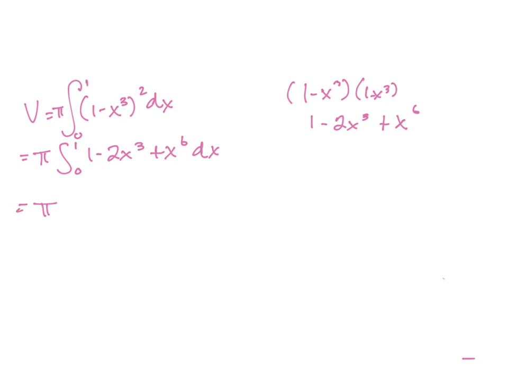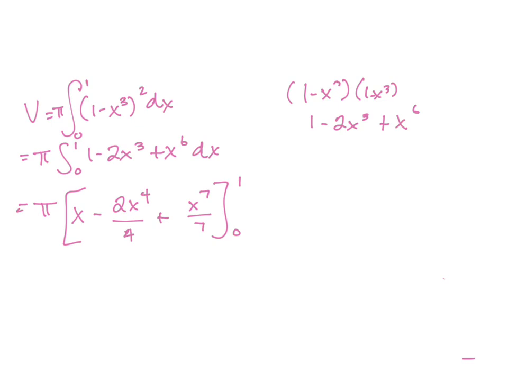Okay, so antiderivative of 1, x minus 2x to the 4th over 4 plus x to the 7th over 7 on 0 to 1. This is nice, though, because the bottom limit's 0.